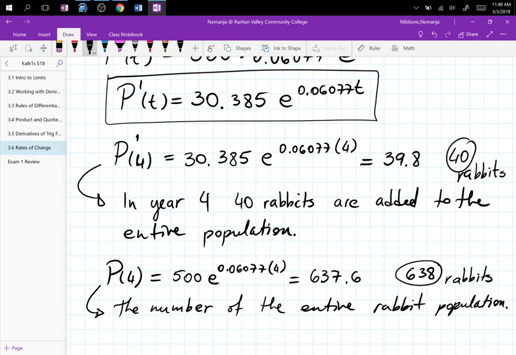And P of 4 is the total amount of rabbits that you have in year 4. Yes? So why is it, if we have 600 rabbits in year 2 and we know that in year 4 we add 40, that our number is slightly different? Rounding. Yes, it's rounding.